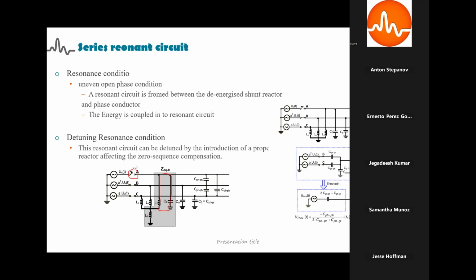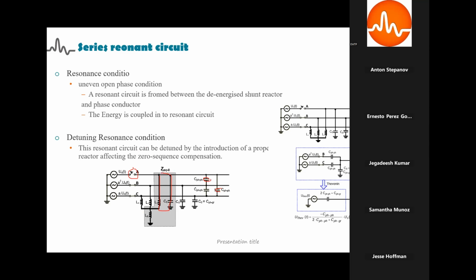When it is opened, this L and C form a resonance circuit, and this resonance circuit is being supplied by the capacitive coupling from the adjacent phases. So this free resonance circuit will continue to oscillate, and this oscillation will not damp out because we have continuous supply from the capacitive coupling here. So this is the condition for resonance.